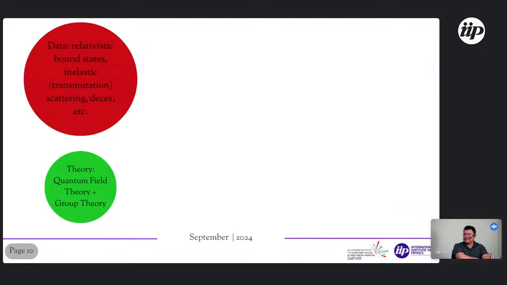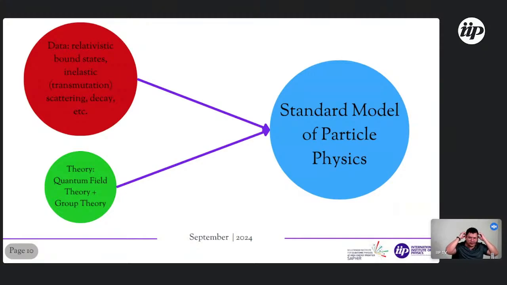We have a set of problems here in red that physics doesn't solve, but the physicists created a very general theory that is more powerful than relativistic and non-relativistic quantum mechanics, that is quantum field theory. If we take quantum field theory and use some topics related to group theory, we can obtain the standard model of particle physics. That model solves the problems that at that time were unsolved.